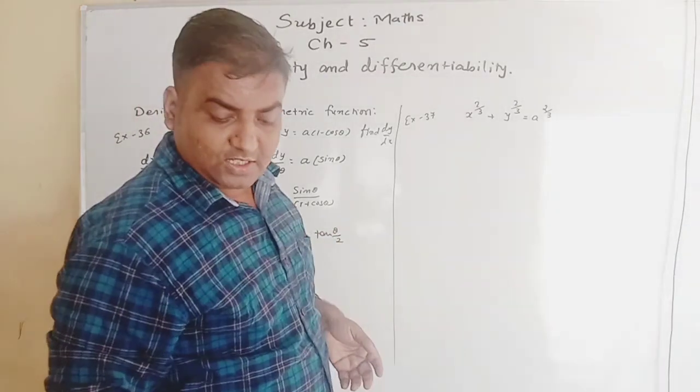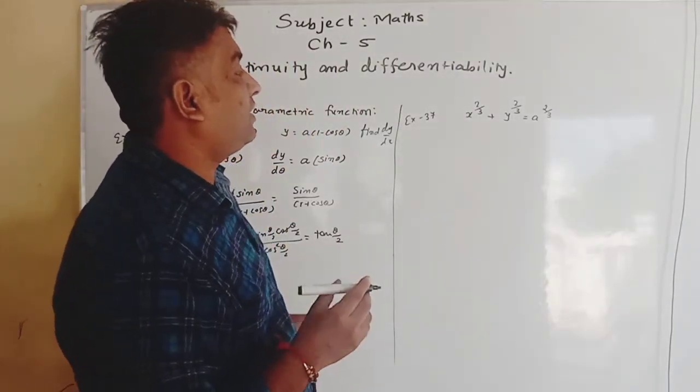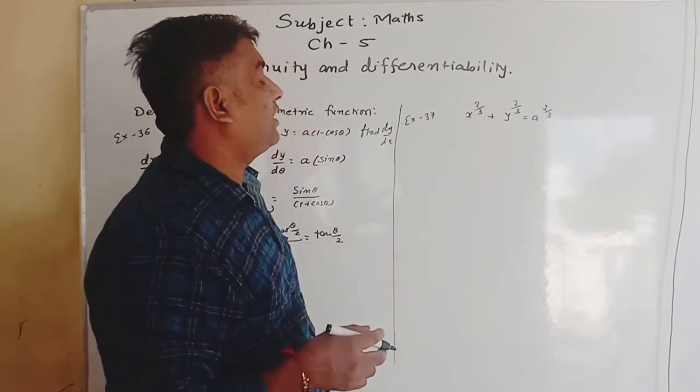Now question 37 is given. We can calculate the answer in two ways. First we will calculate with the parametric function, and then we will calculate simply.